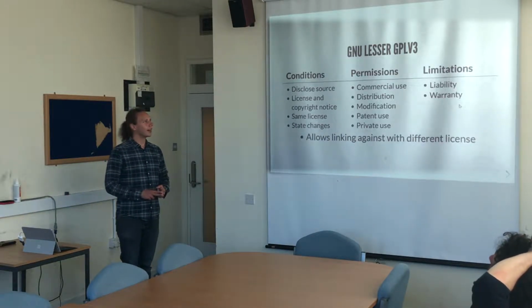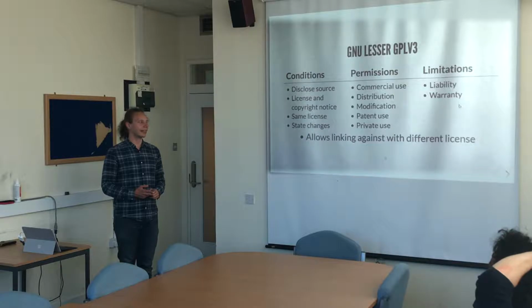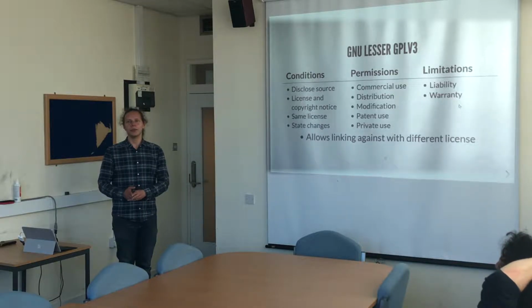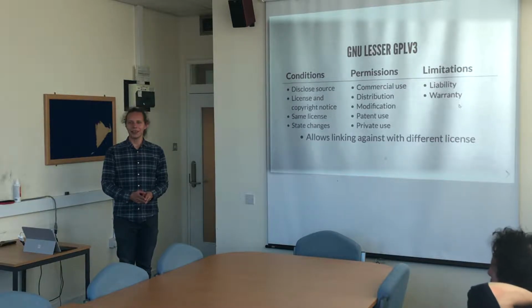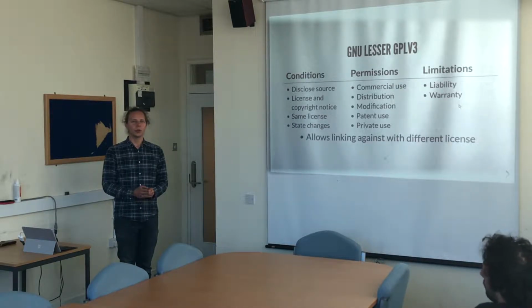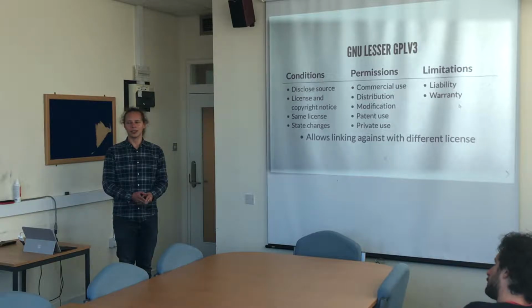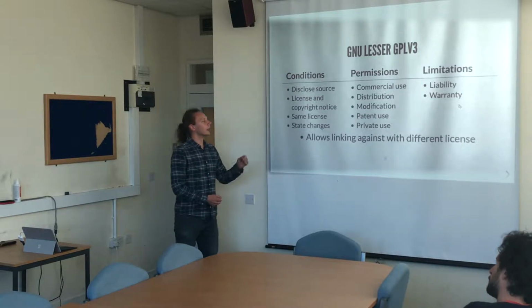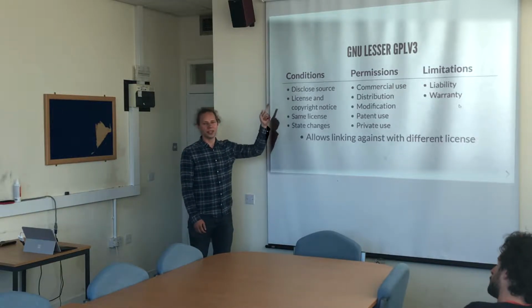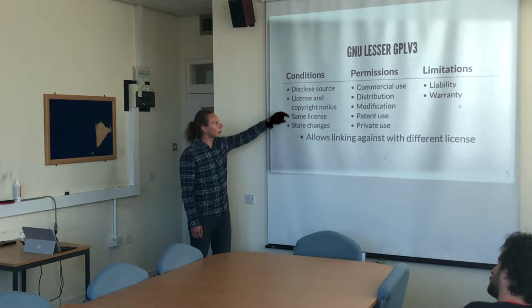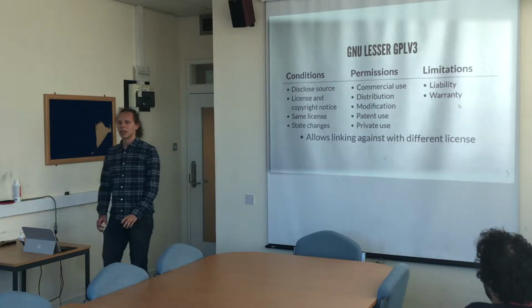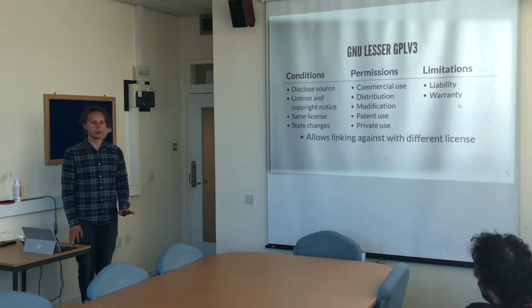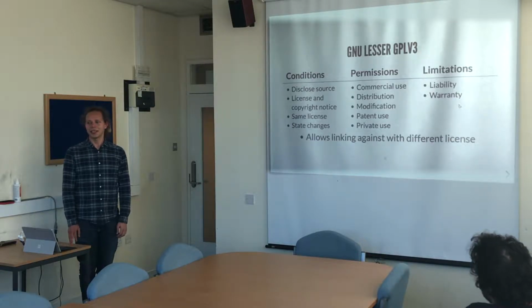Now, the lesser part essentially means that if what you're publishing is a library, people can link against your library without publishing their code under the same license. Right? So if you're linking against a library published under the lesser GPL, you don't have to care about these conditions. Most GNU Linux libraries are published under the lesser GPL, so you're fine.